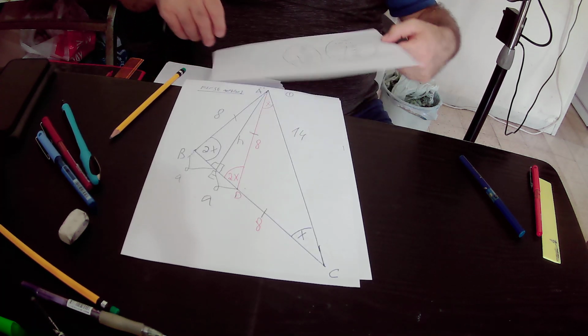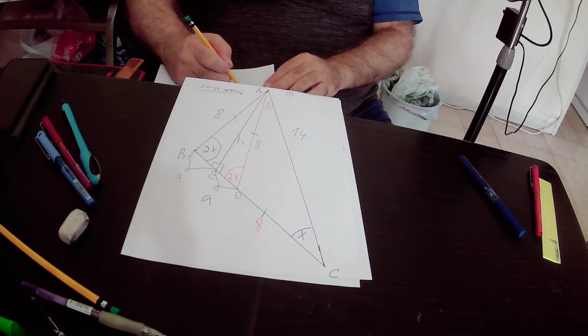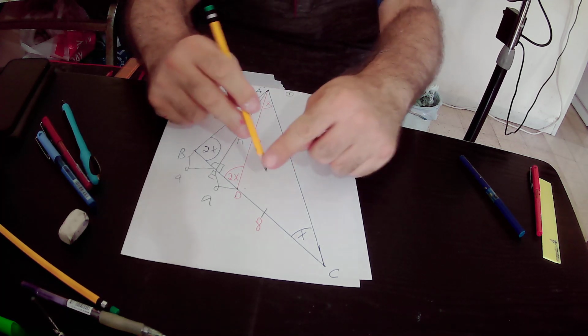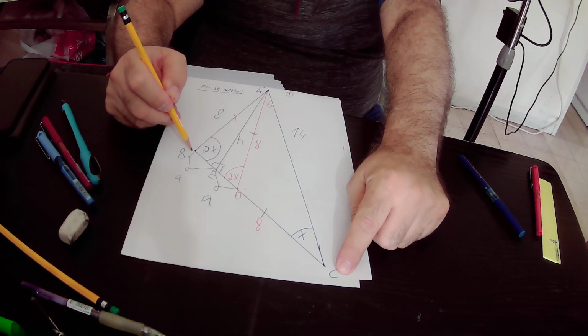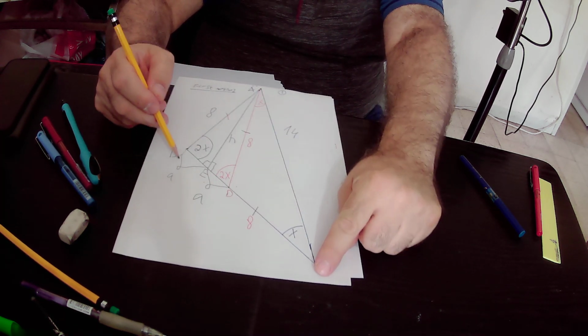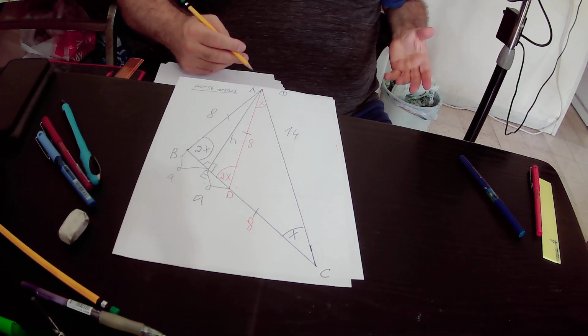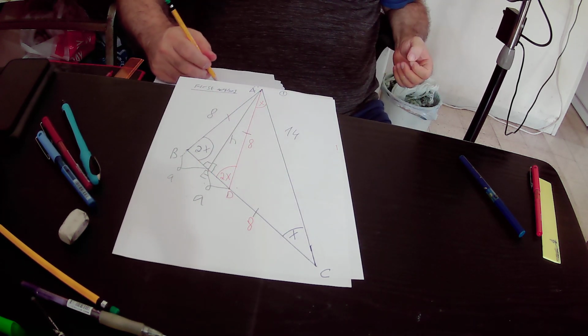But what is the value of BC? Area of triangle ABC equals BC. What is the value of BC? BC equals A plus 8. Again, BC equals A plus 8, or BC equals 2A plus 8.